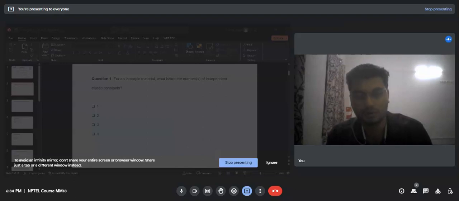E is a Young's modulus and G is a shear modulus. Another relation is E is equal to 3K(1 minus 2 mu). So in an isotropic material there are two independent elastic constants. The first one is this one and another one is this one. So the answer will be option number 2.